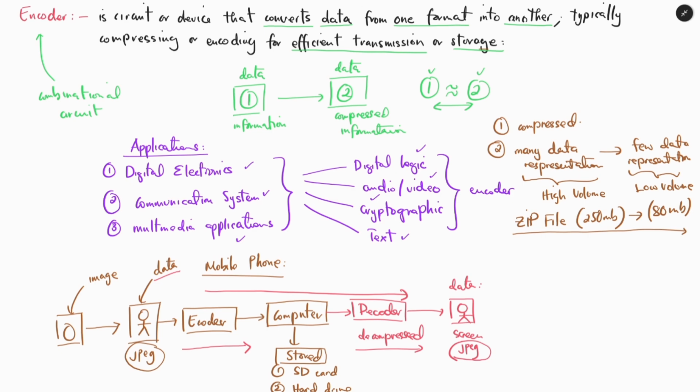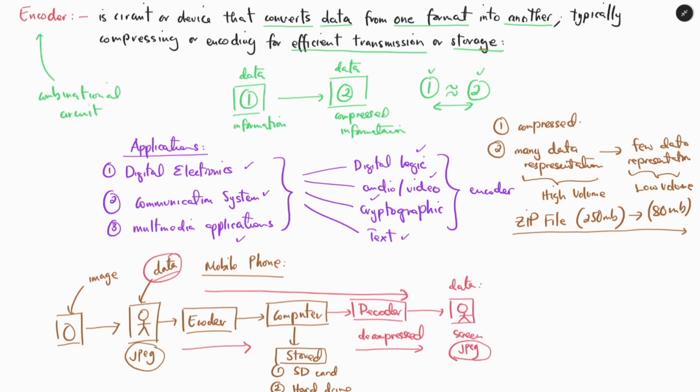So the properties of the original image are the same, but we have compressed or shrunk the volume of this data and enabled it to be stored and transmitted in our computer system.